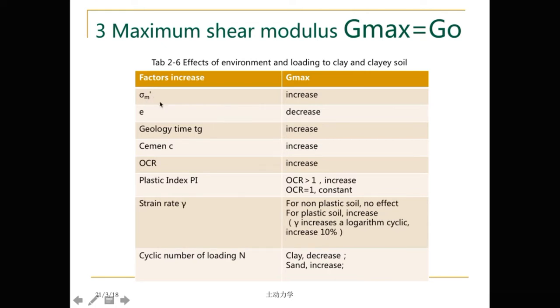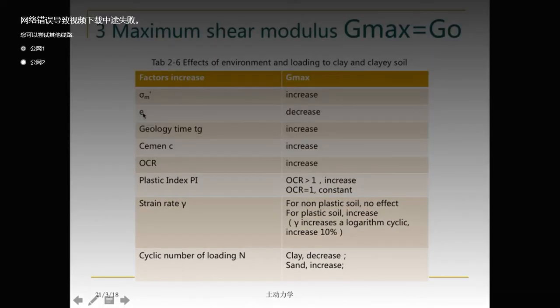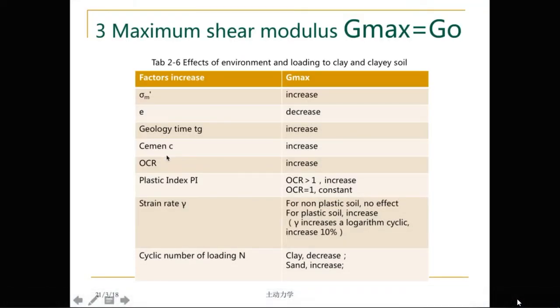When this factor increases, Gmax increases too. If void ratio e increases, Gmax decreases. And if cement increases, Gmax increases because the soil turns harder.